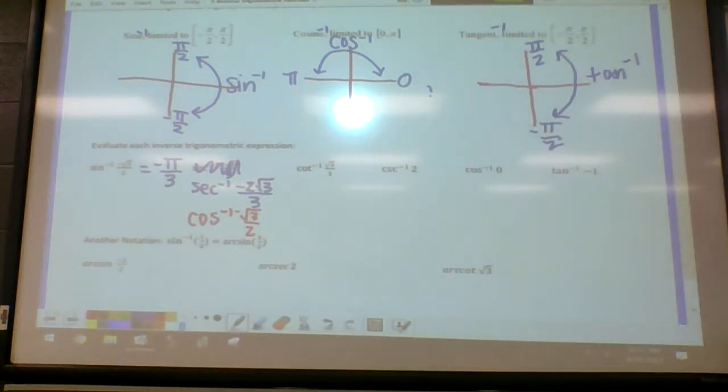Those are the same question, yes? All right, so cosine inverse of negative square root of 3 over 2. Cosine inverse lives in which quadrants? 1 and 2. So where is the cosine negative? That's in quadrant 2. And so cosine is negative square root of 3 over 2. That happens at which angle?